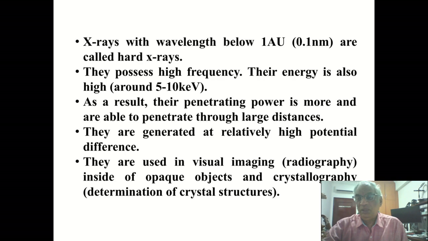Gamma rays are from nuclear level transitions, whereas the X-rays are from atomic level electron transitions. These hard X-rays possess very high frequency and energy is also very high, around 5 to 10 kilo electron volts. As a result, their penetrating power is more and they are able to penetrate through large distances.